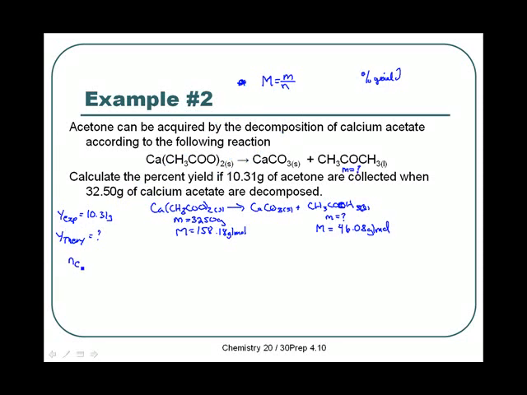Alright, so the number of moles of Ca(CH3COO)2 is equal to mass over molar mass, which is going to be 32.50 grams divided by 158.18 grams per mole.